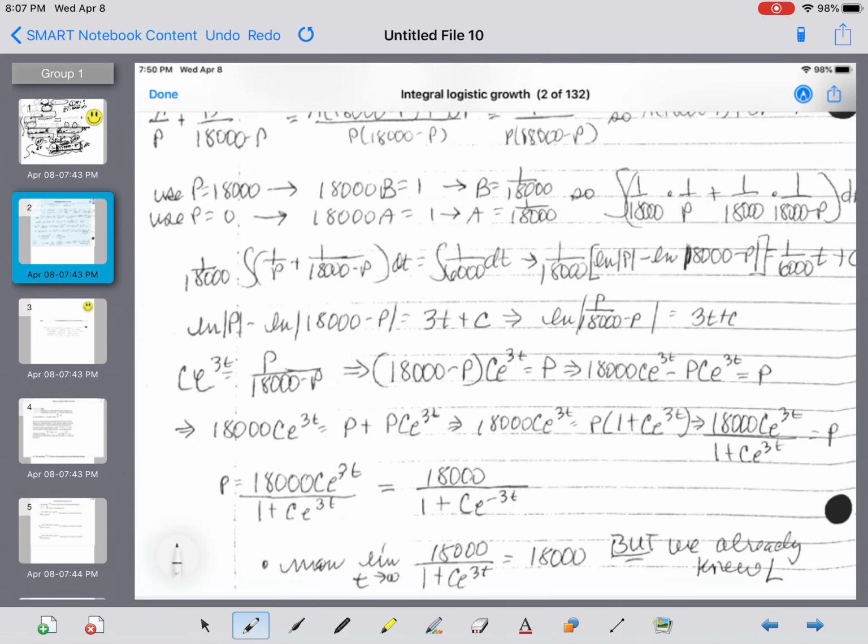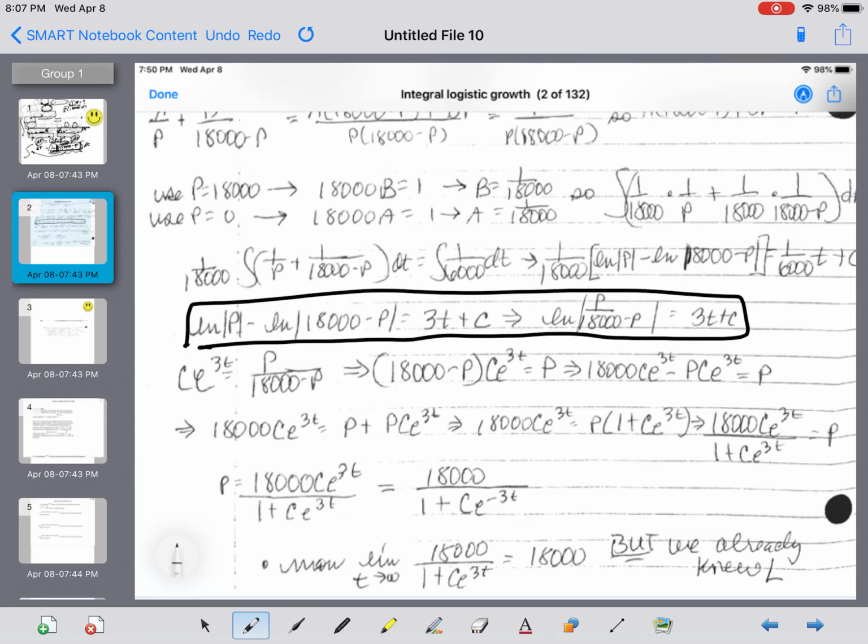Then the next slide, where was I? I was right here. Okay, that's where I left off on the last slide. Then I have e to the 3t plus c equals this. And then we've talked about e to the 3t plus c is the same thing as e to the 3t times e to the c.